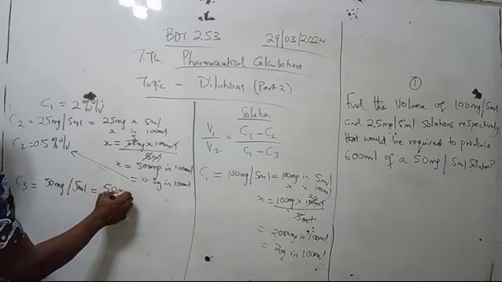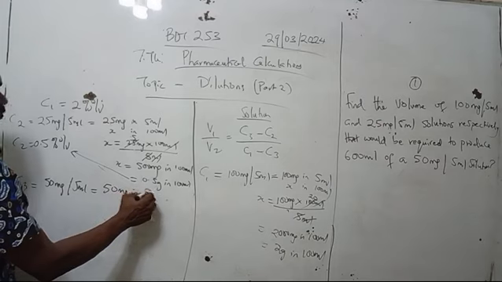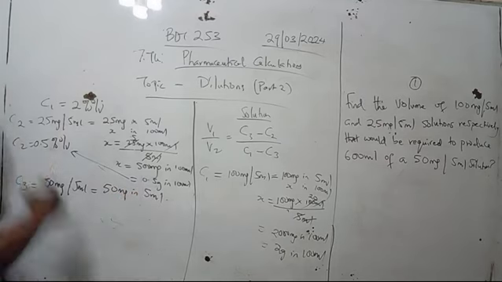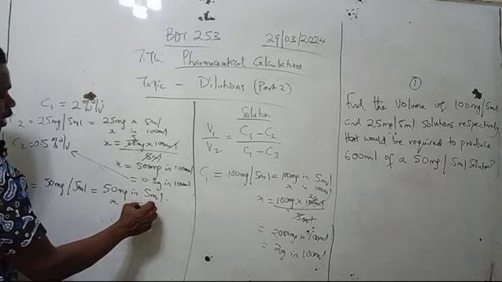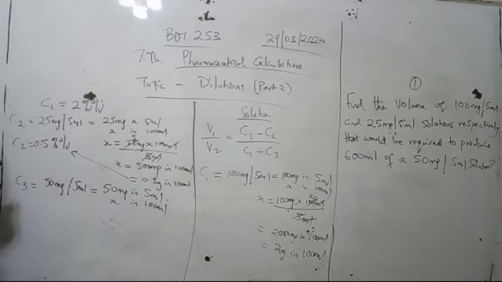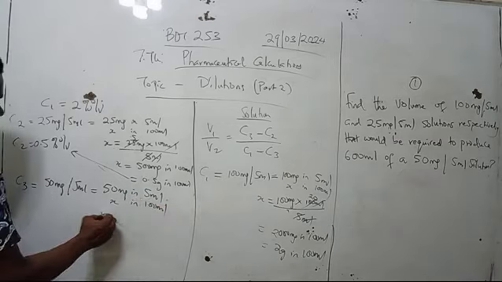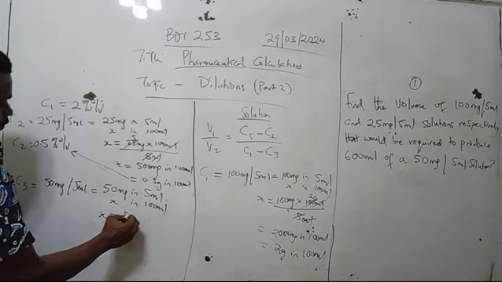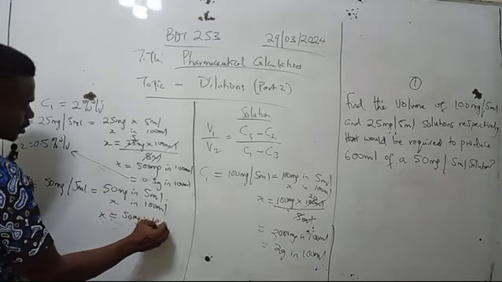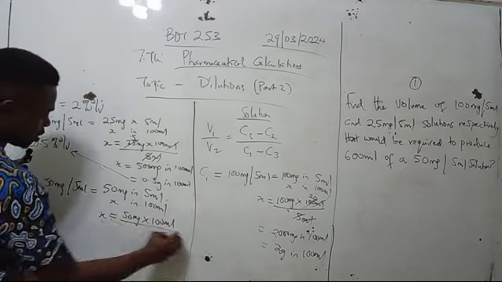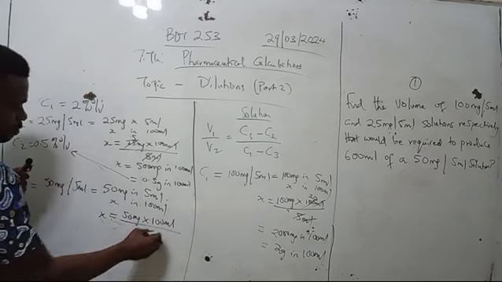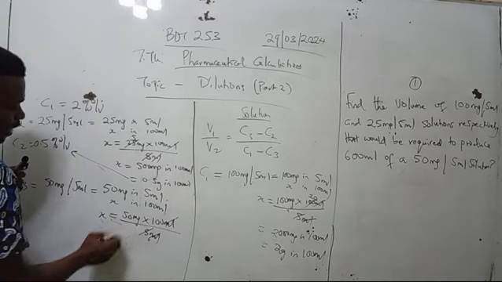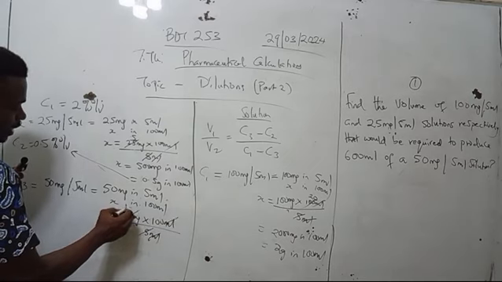X is now equal to 50 milligram times 100 ml over 5 ml. 5 divided into 50 gives 10. So 10 times 100 is 1000 milligram. So we have 1000 milligram of the drug in 100 ml of the drug product.